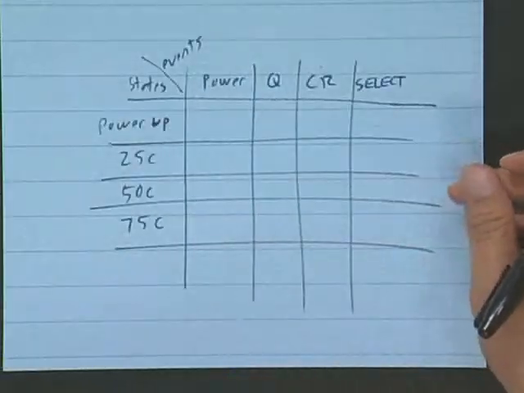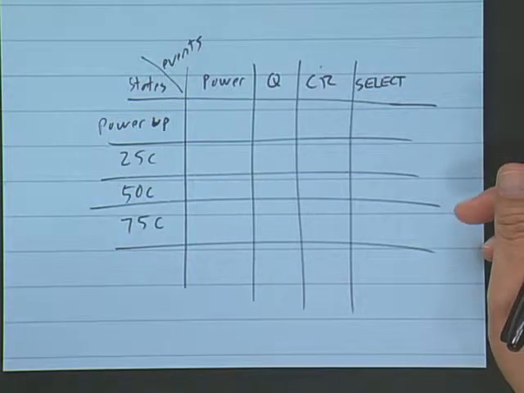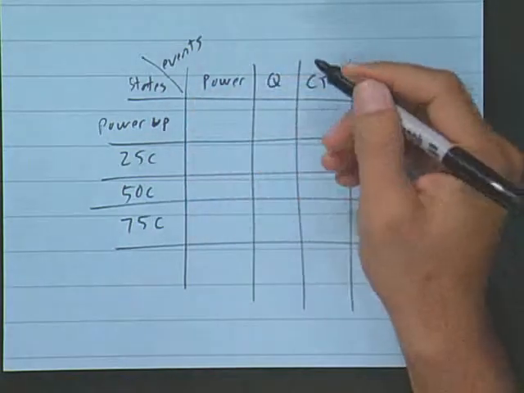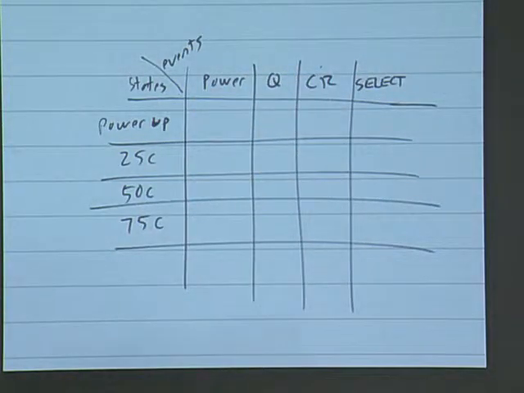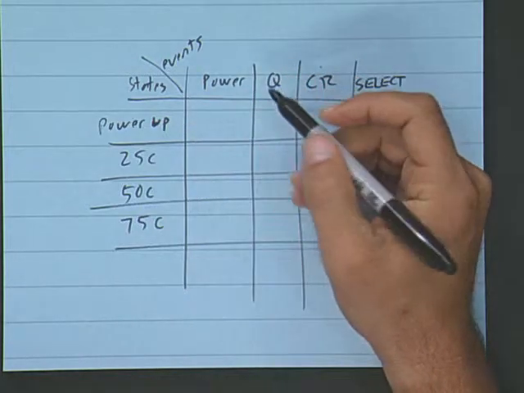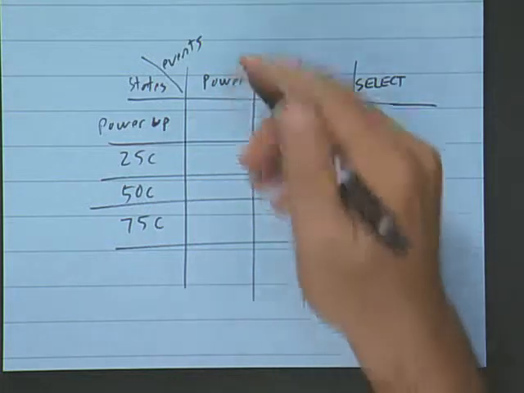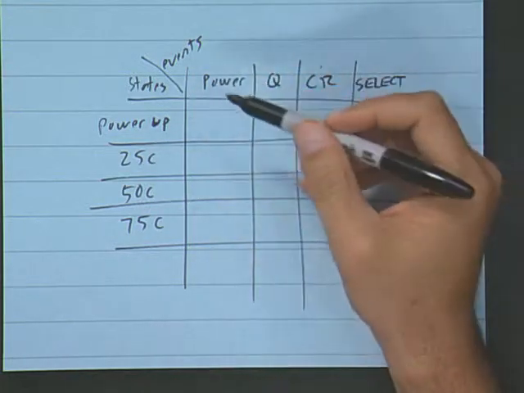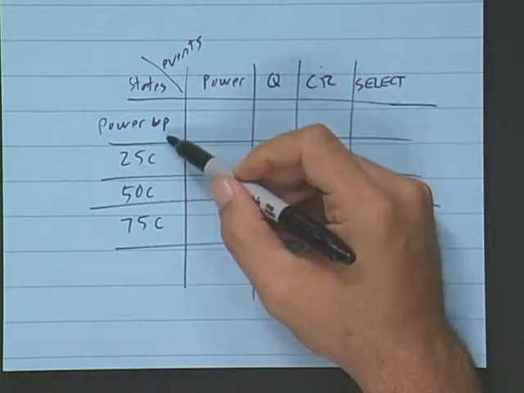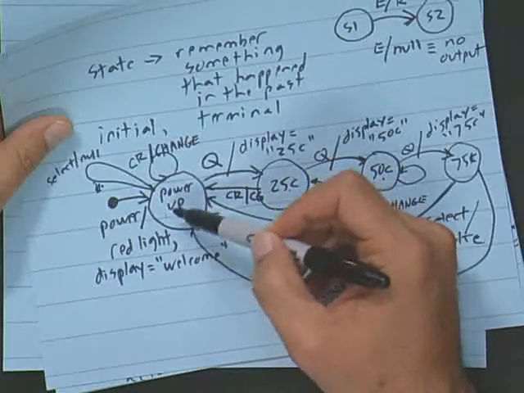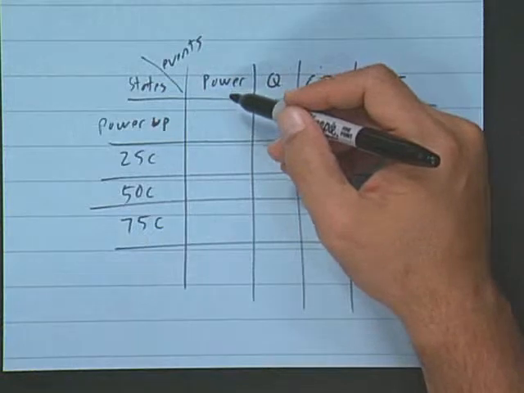So you can start with, actually I can start with the empty state, but let's start with the power up state, which is this state right here. If I'm in that state, what happens when I get the power?